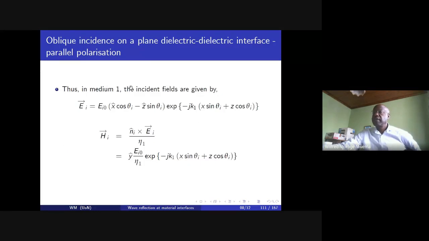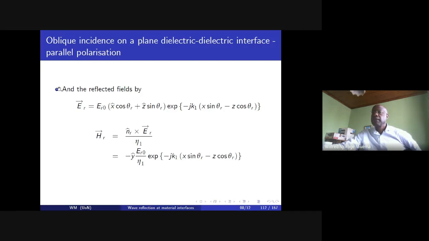And therefore in medium 1, the incident electric field intensity will be given by that equation there, and the magnetic field intensity will be given by the usual form that we have been talking about, and it will resolve easily to y cap. And the reflected fields are given again as shown, just like before. So it's the same expressions that we had already looked at.